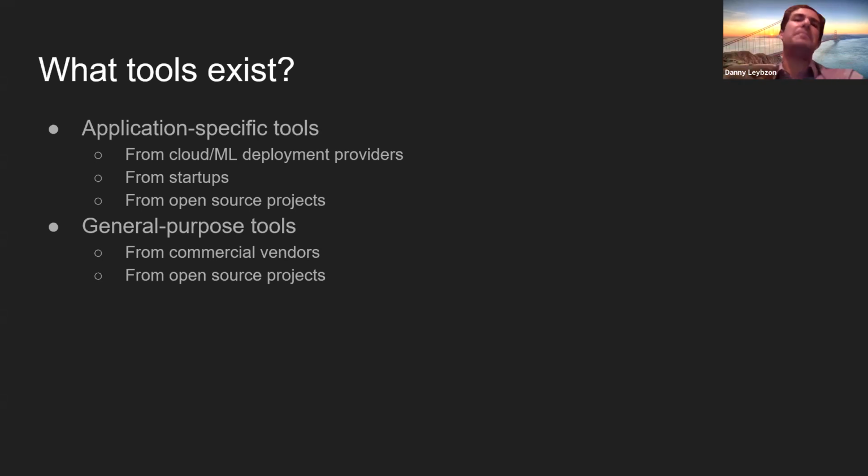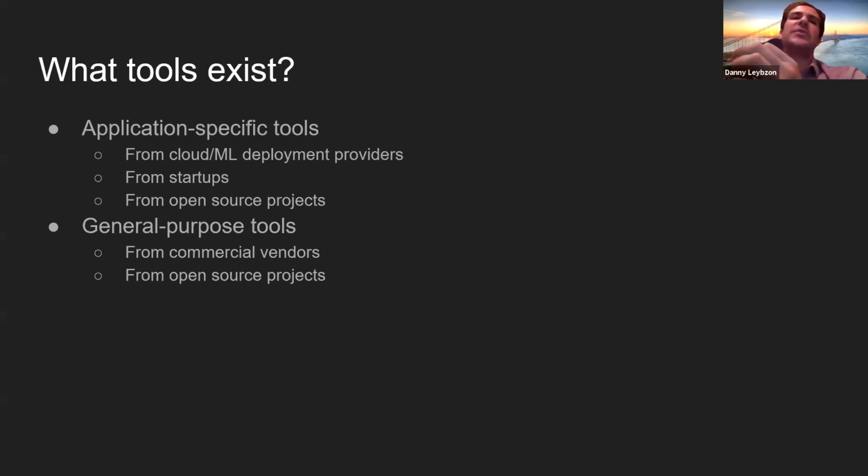The people who I think are really pioneering and making the best application-specific tools for machine learning models are startups. To name a couple, Superwise, Fiddler Labs, there are a few startups out there doing really cool stuff. And they'll generally combine monitoring machine learning models with explaining and interpreting machine learning models.